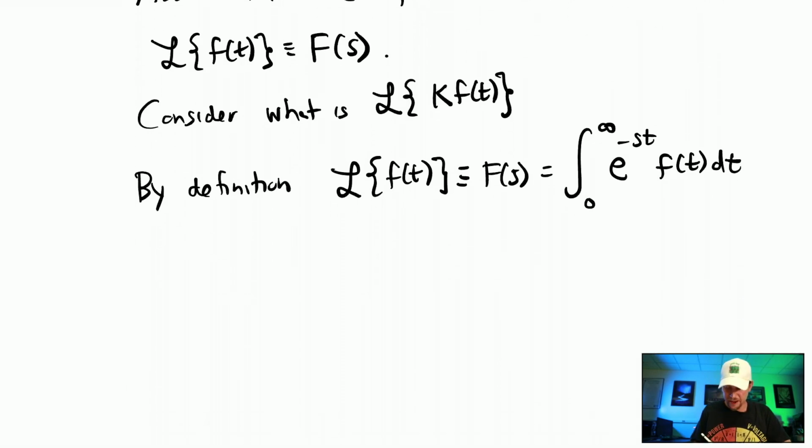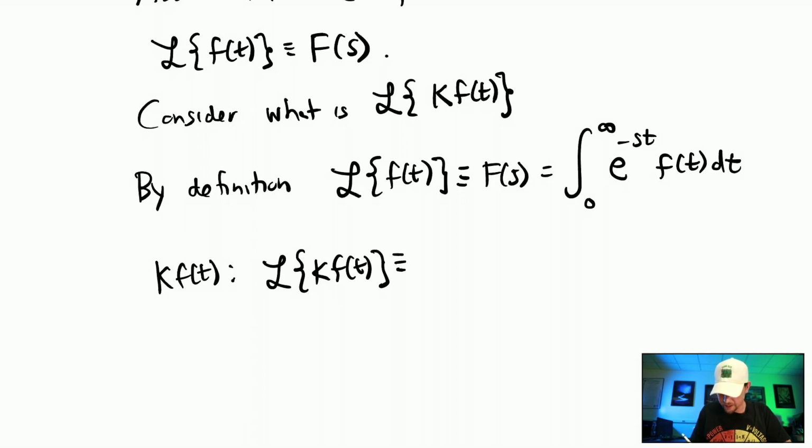So if I actually have k f of t, then the Laplace transform of k f of t is by definition the integral from 0 to infinity of e to the minus st, not times f of t, but times k f of t, like this.